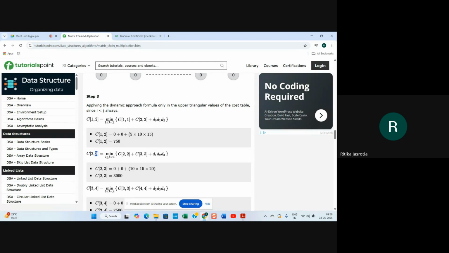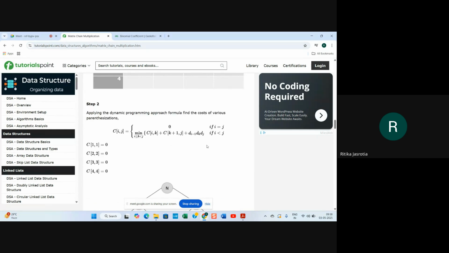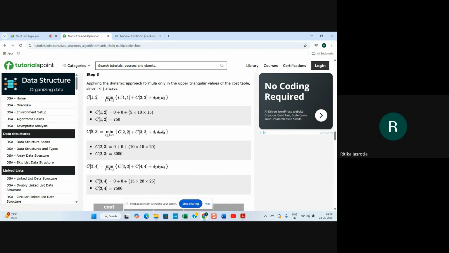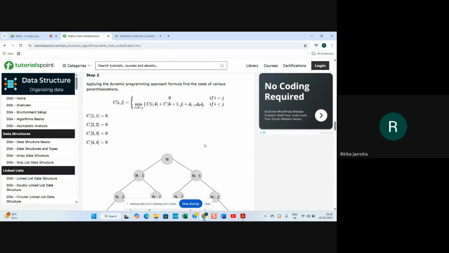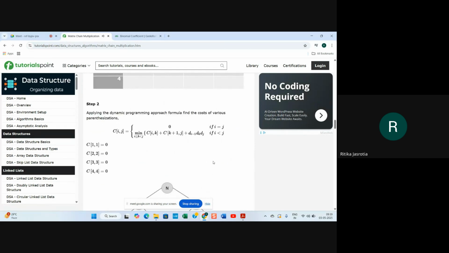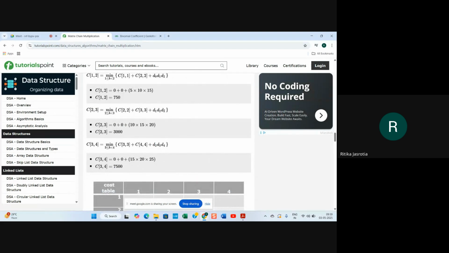Next it will be i minus 1, because i is 2, so 2 minus 1 is 1, and then dk will be d2, and dj is d3. So d1 d2 d3.